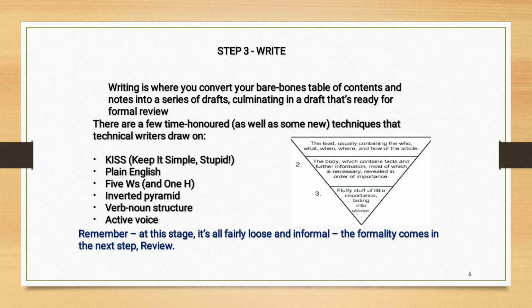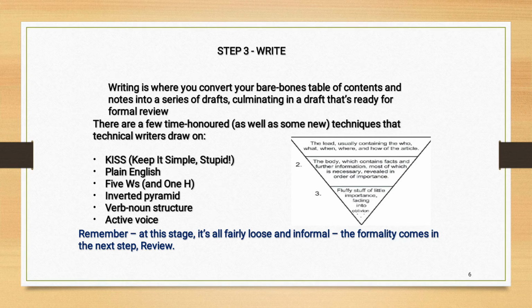Next, we have the inverted pyramid technique. Now, the inverted pyramid, as the name suggests, starts with the broader and most important perspective. Please follow the figure given on the right hand side. It starts with the broader and most important perspective and keeps narrowing down, and it ends with the least important things.